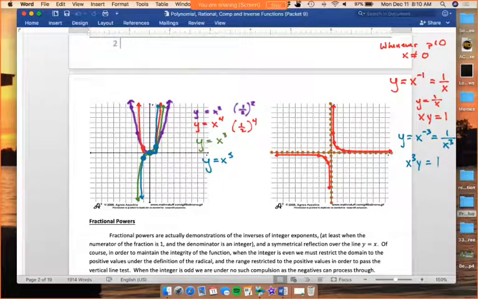So if we think about it, (1, 1) is still going to be on x cubed y equals 1, or y equals 1 over x cubed. And no matter what odd power we put there, we're going to get that point.